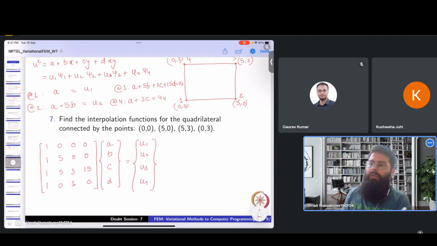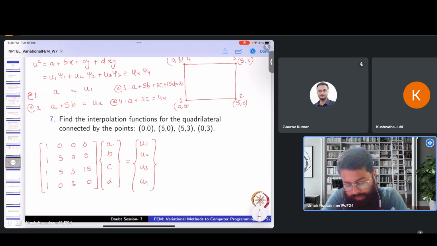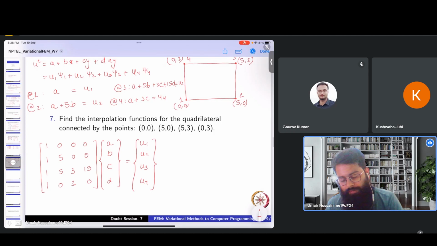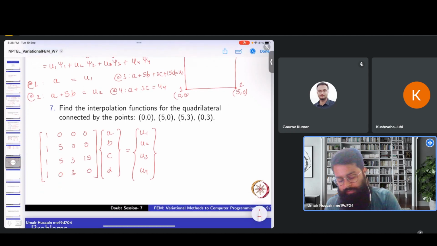Okay, so again we need to find A, B, C, D in terms of U1, U2, U3, U4. We substitute back in the first equation, and we get our approximation functions. I think this is also similar to what we studied in the lectures.